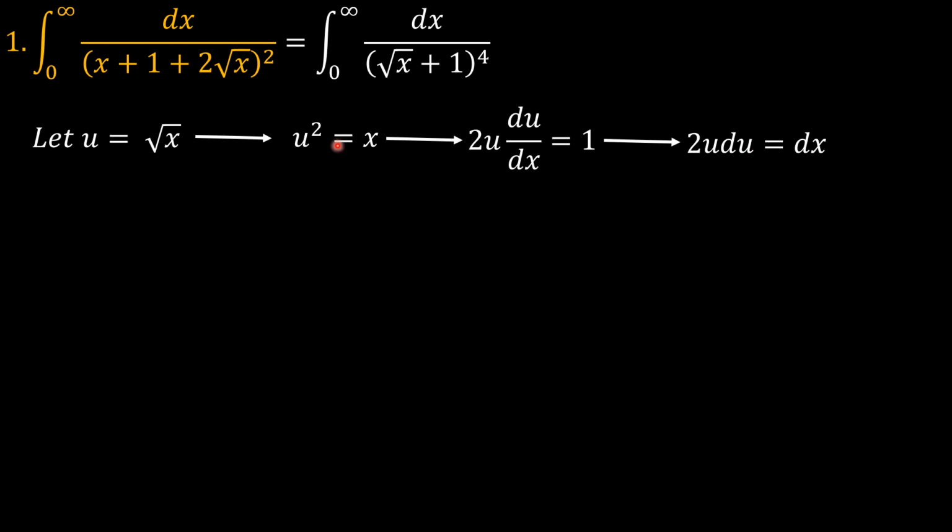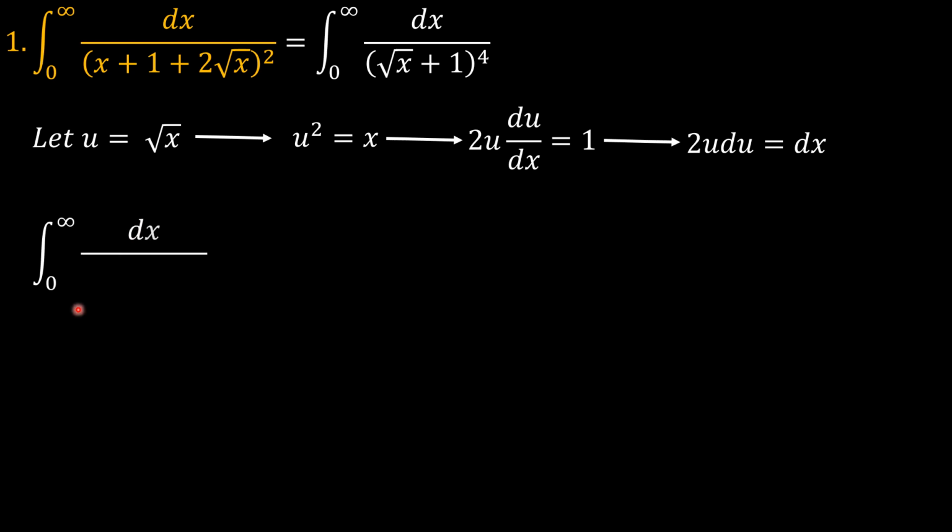Now the limits will remain the same as x tends to 0. When x equals 0, u will be 0, and when x tends to infinity, u will still tend to infinity. Infinity is such an interesting concept.